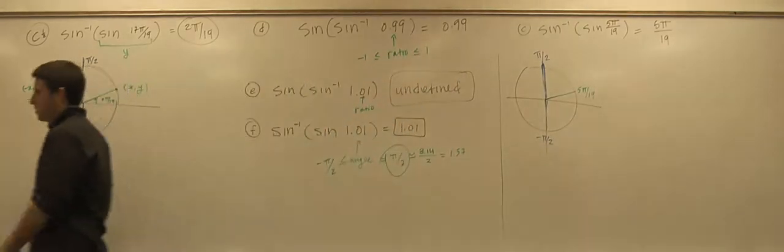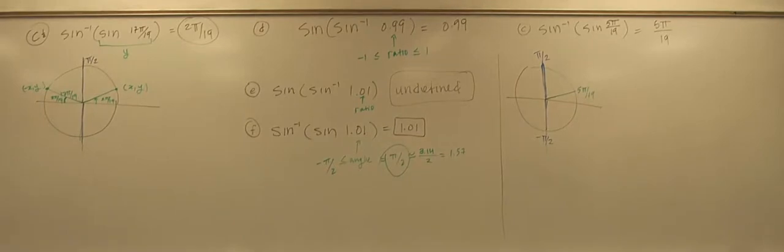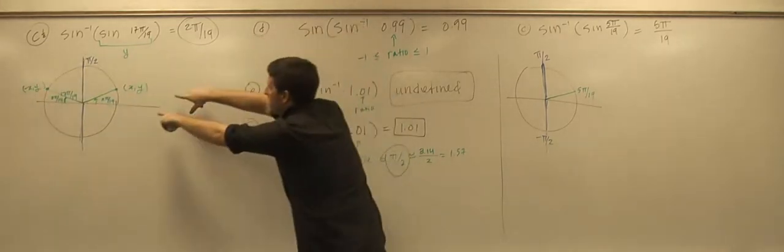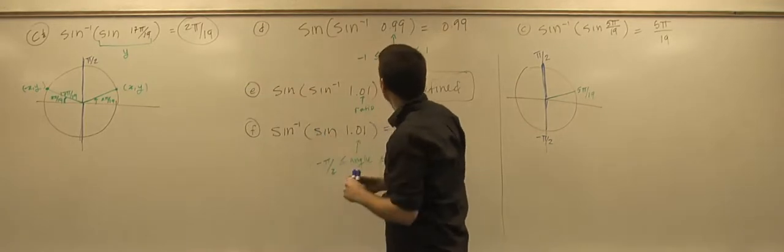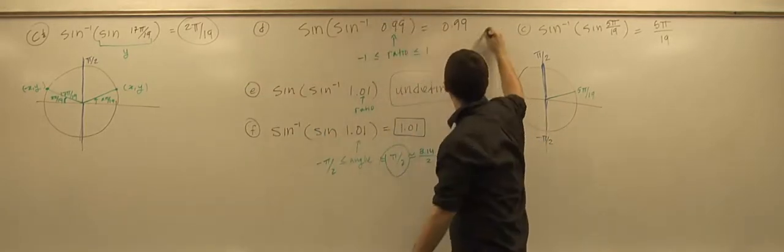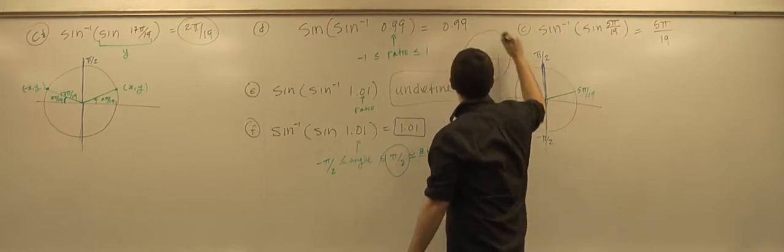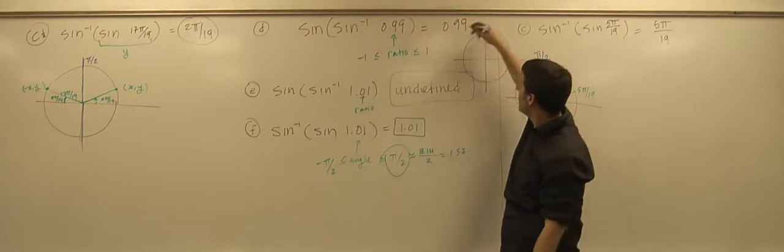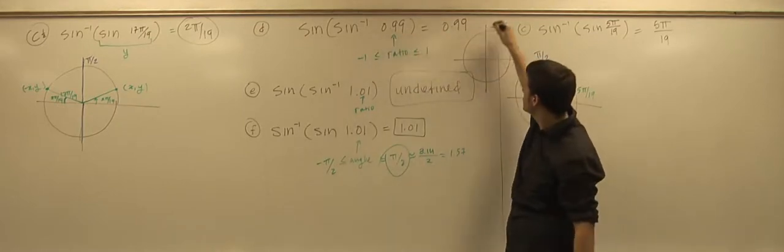Yes, go ahead. So when you graph, like for example D, do you just like decimate? Oh, you mean like in a circle like this? Yeah. So if I were to draw a graph here, I would need to know, what does this 0.99 mean? It's a ratio. So I would have to have the y value equal to 0.99.